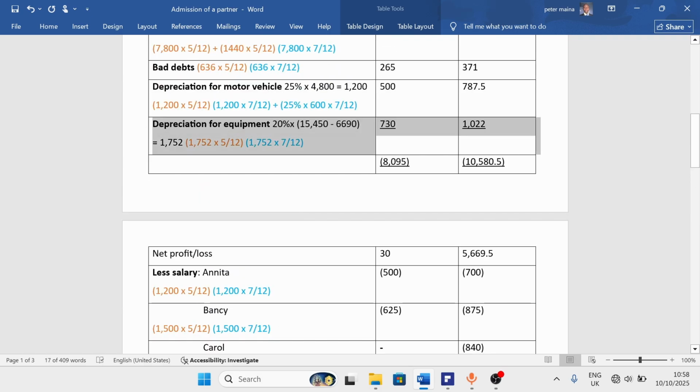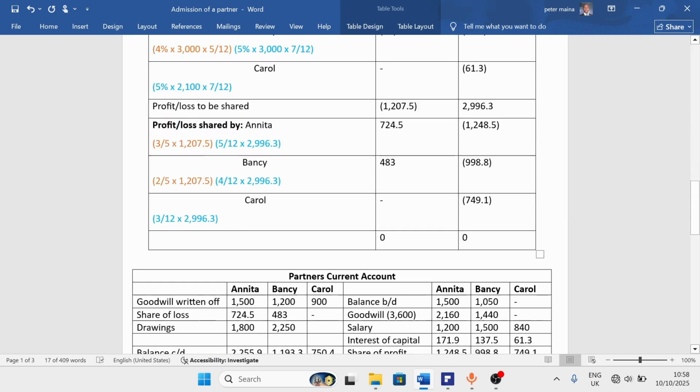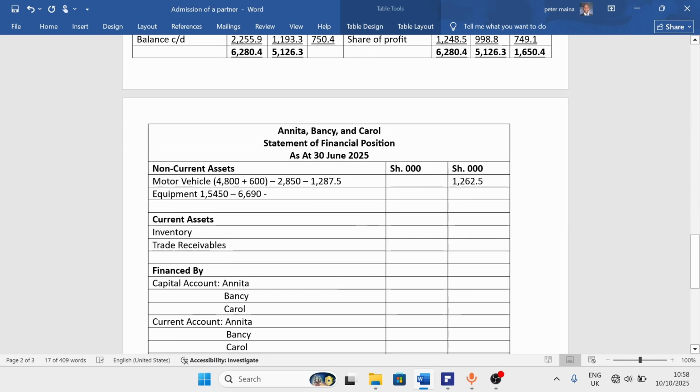So depreciation for equipment for the two periods, we have 730 for the first period plus 1022 for the second period. So in total, we are going to deduct 1752. So that is total depreciation in the profit or loss statement.